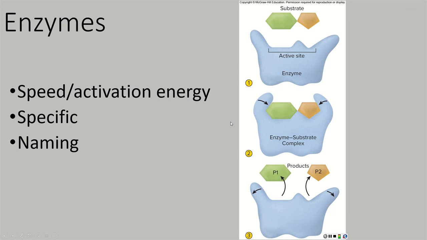And how do we name them? Well, anytime we look at an enzyme, chances are it's going to end in the letters ASE. For whatever reason, enzymes tend to end in ASE. And the first half of the word usually tells us something about what job the protein does. So for example, when we look at the cell membrane in the next chapter, we're going to see that it has two layers, an outer layer and an inner layer.